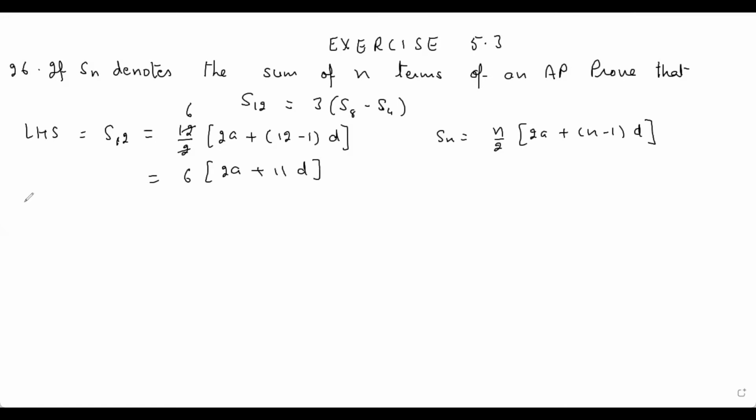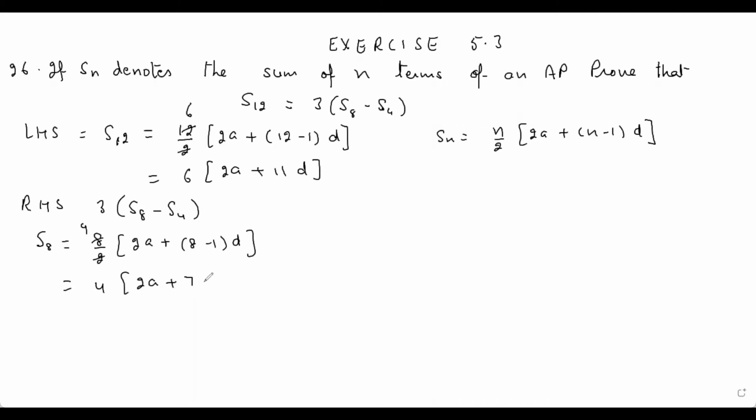Now let me solve the right hand side. 3 times S8 minus S4. Now S8 is 8 by 2, 2a plus 8 minus 1 d, which is 4, 2a plus 7d.